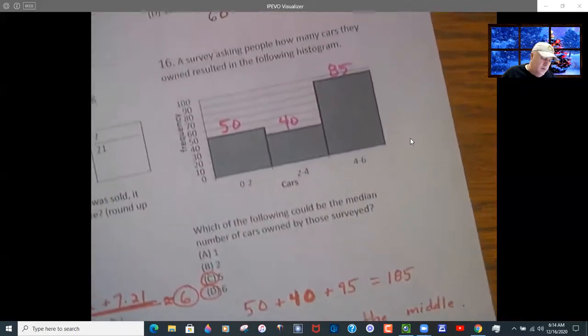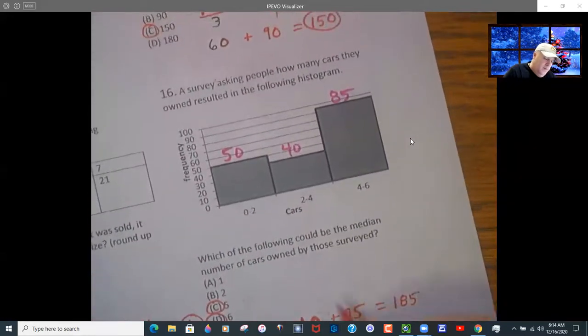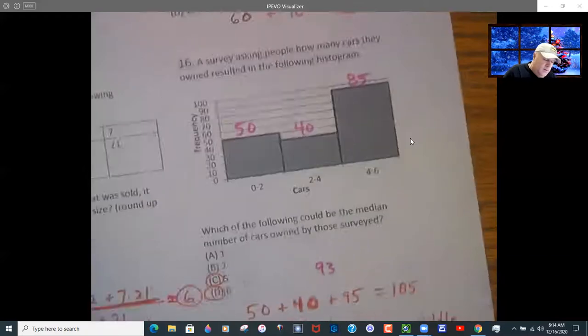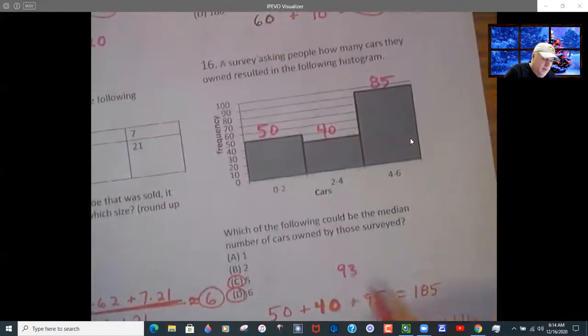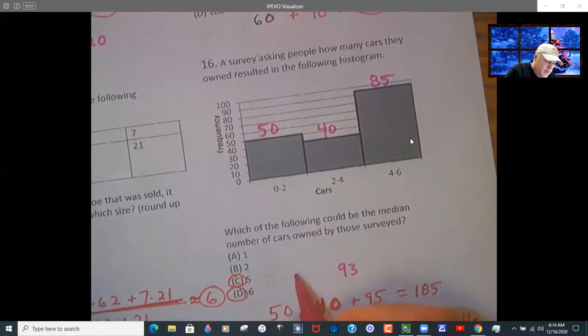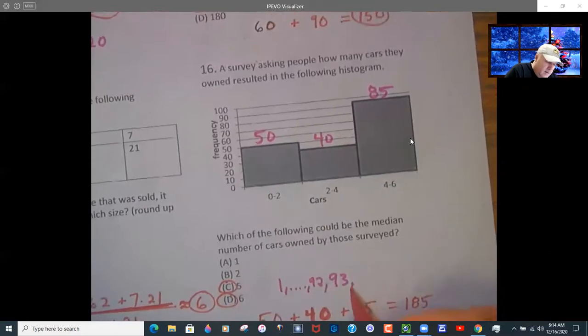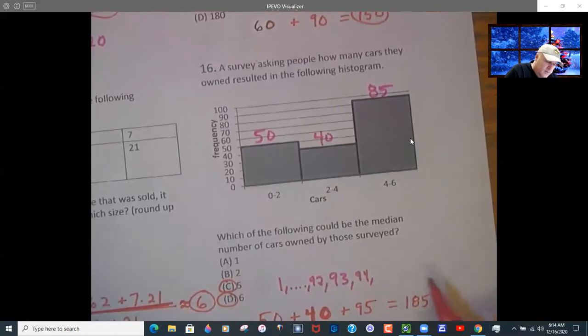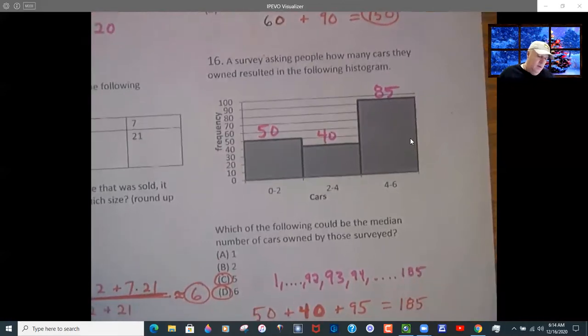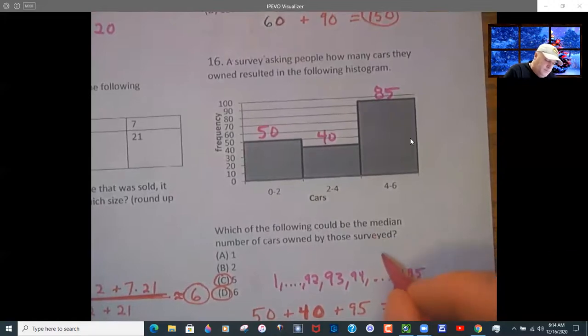So if you have 93, how many are there? There's 1 through 92 here, and then 94 up through 185. And so that's 92 on the right, 92 on the left, and 1 in the middle.